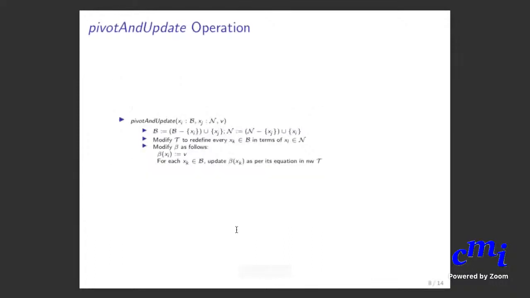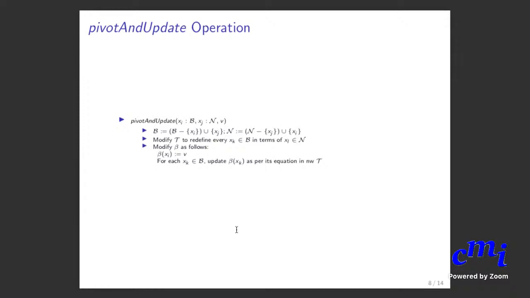This kind of answers your question. So what this does is the flipping. You modify T, because you're pivoting, you have to modify the tableau so that you bring the non-basic variable that has been pivoted into the basic set.